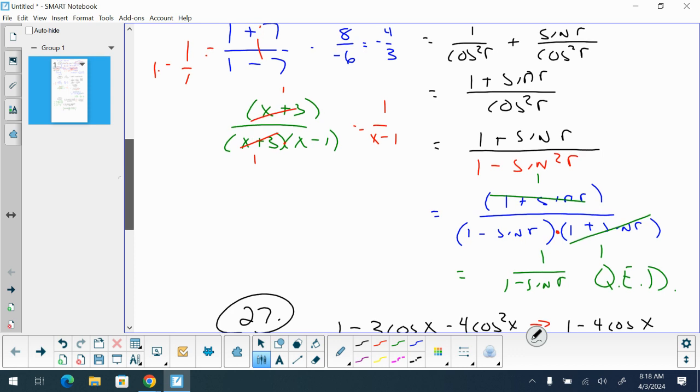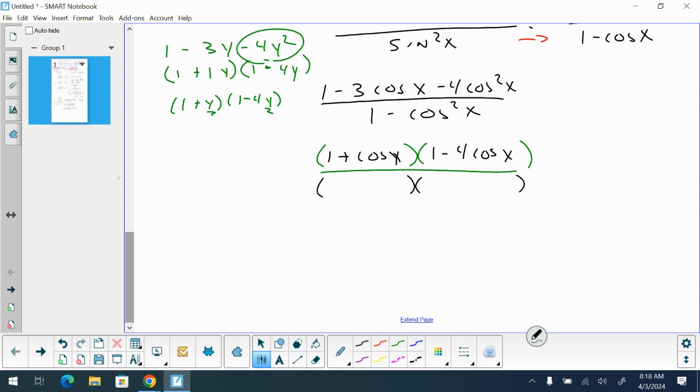Just like we did 1 minus sine squared, 1 plus sine, 1 minus sine. Your difference of perfect squares. Factor your 1 minus cosine squared. That's the difference of perfect squares. Once again, all we're doing is 1 minus y squared, 1 plus y, 1 minus y. Okay, but replace it with y, or the cosines.